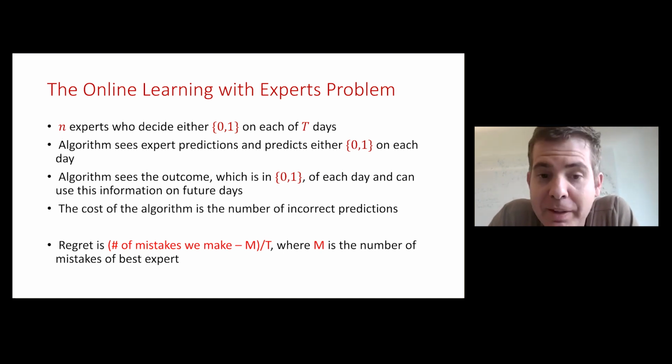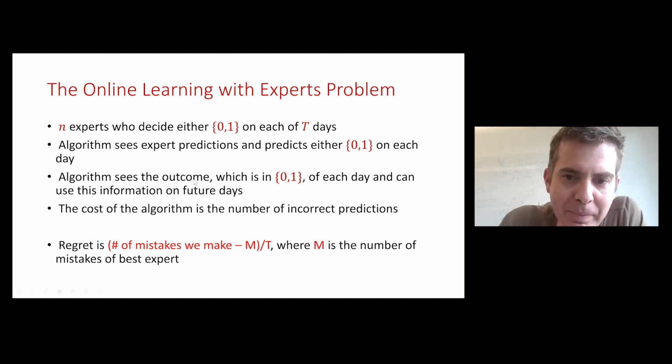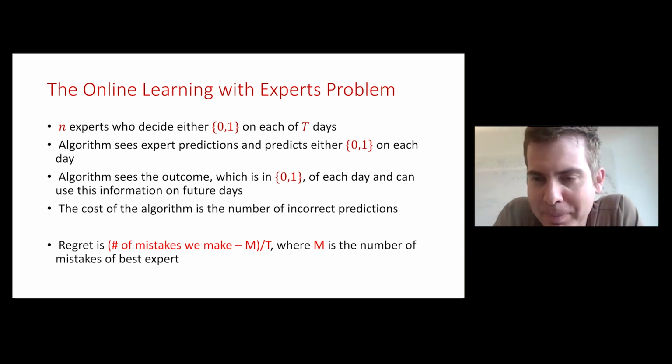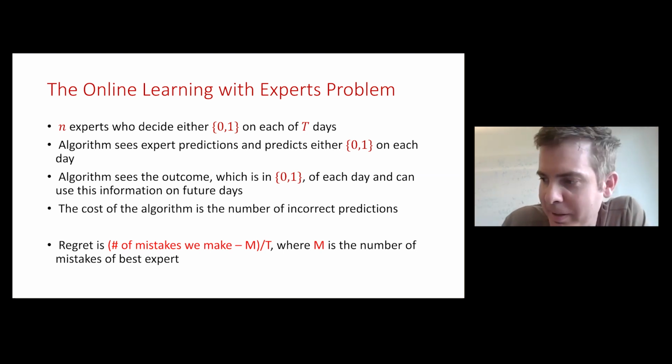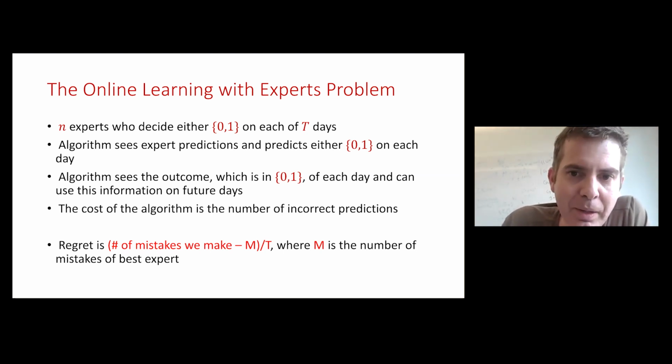Then the algorithm sees the outcome, which is in {0, 1}, and can use this information on future days. And the cost of the algorithm is the number of incorrect predictions. And the regret, as we said, is the number of mistakes we make minus M, capital M here being the number of mistakes of the best expert, divided by the number T of days. Okay, so just keep in mind n experts, T days, binary outcomes.